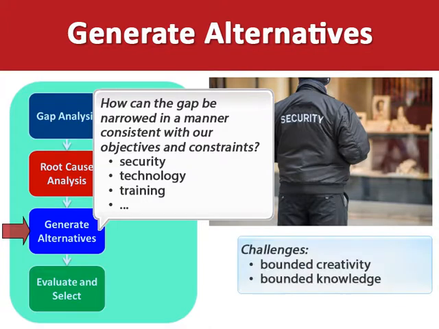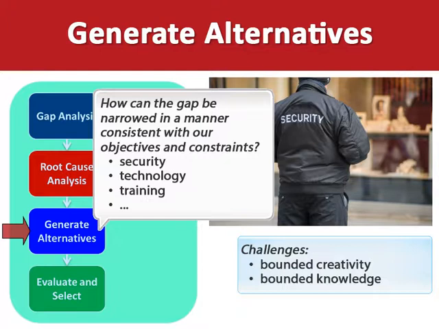Now, the biggest challenge in this stage of the process is, of course, bounded creativity. That is, as human decision makers, we cannot generate all possible alternatives. We can only generate the ones we're smart enough to think of. And of course, we have bounded knowledge of the situation and bounded knowledge of what's out there.